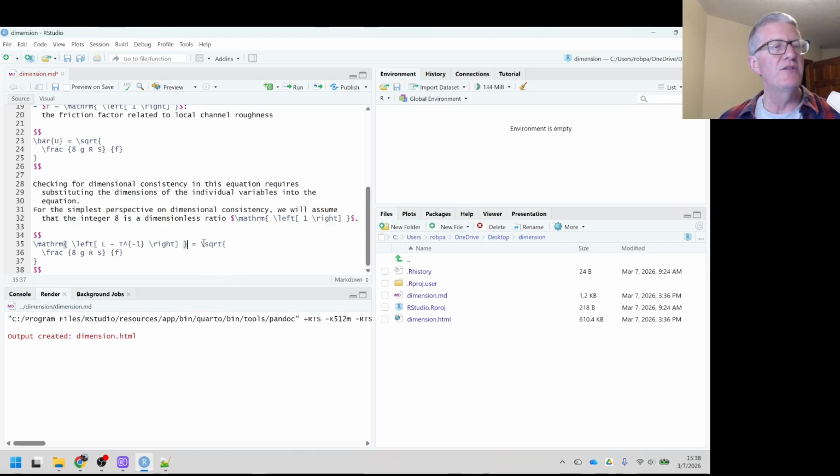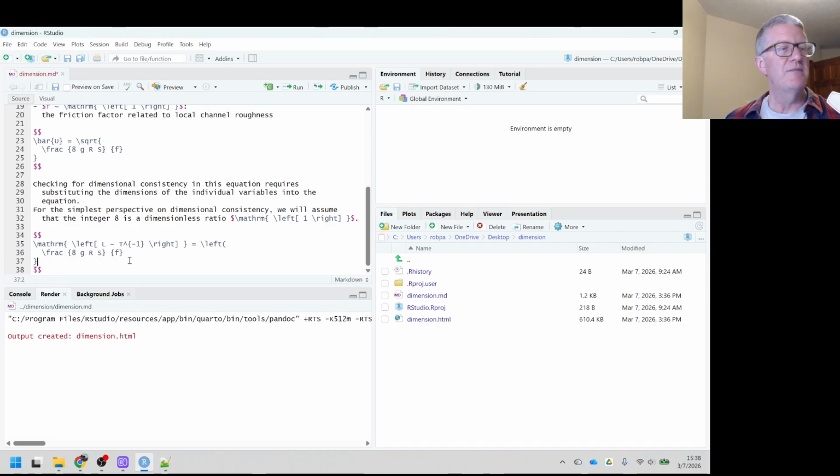Also, I'm going to change this from being a square root to being an exponent of the 1/2. Just to keep myself consistent across my dimensions with using exponents, I'm going to get rid of the square root sign, and instead of being a square root, I need a left parentheses. So that's the open parentheses.